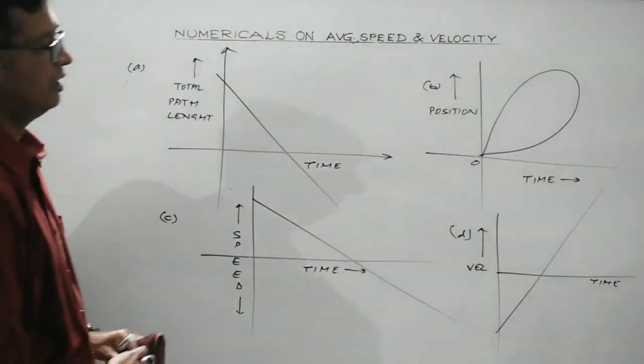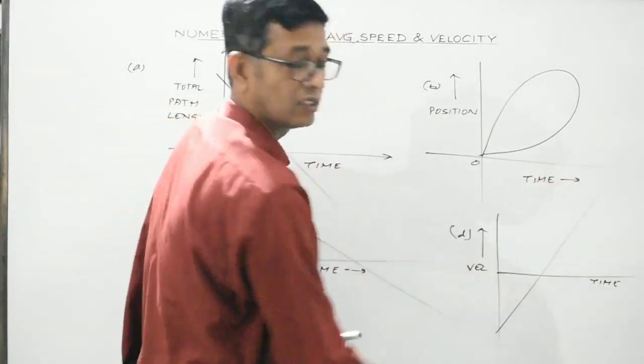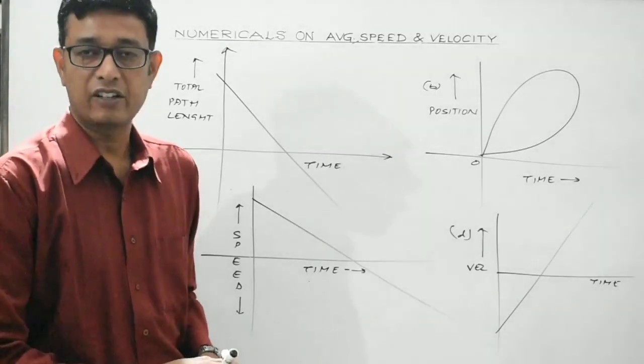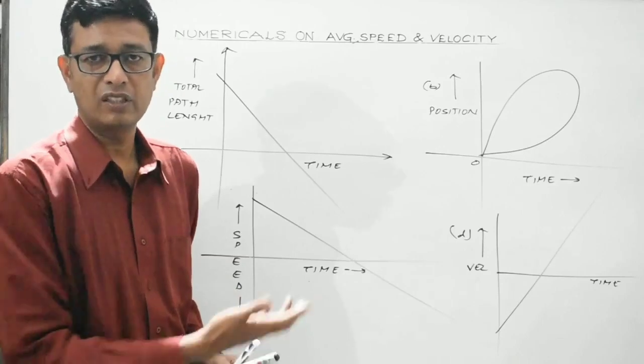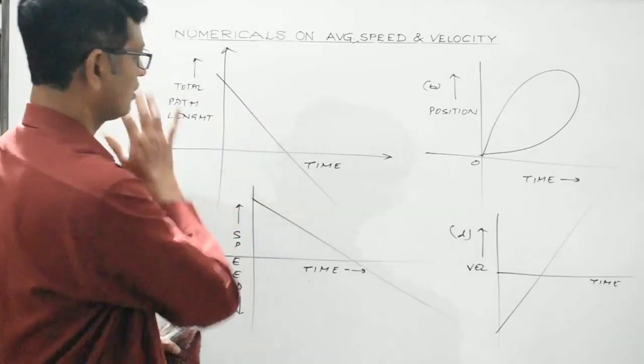So these are the graphs between different physical quantities, right? What we are supposed to do is check whether these graphs are practically feasible or not, whether these graphs are valid or not. Let's discuss the first one, right?